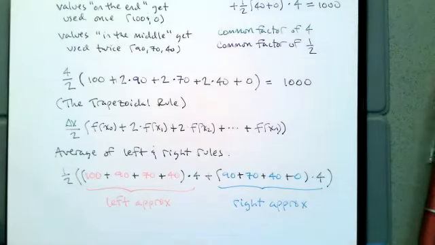So here we are, assuming that the function is linear on each subinterval. That means we could just take the average of the left and right approximations, if we have them, or we can calculate the area using trapezoids. Those things are all equivalent.